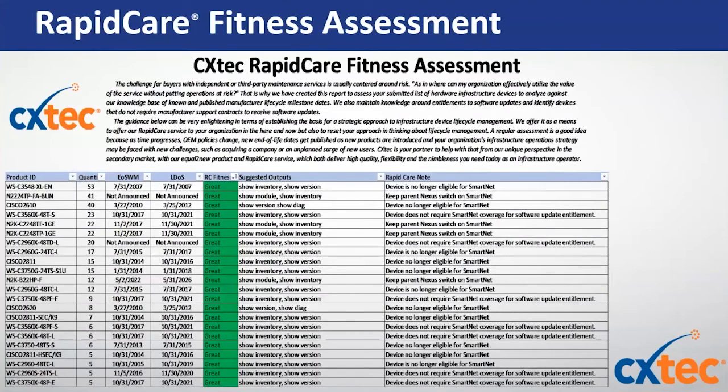And the next slide shows you what one looks like. We show you all the great ones, but generally speaking, most infrastructure lists are going to run the gamut from bright green to red.